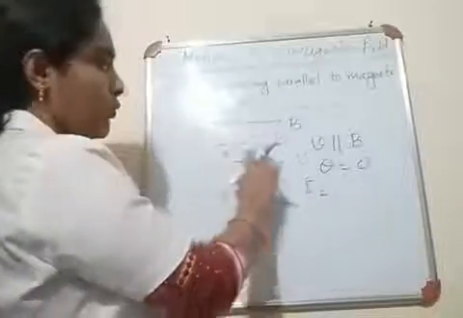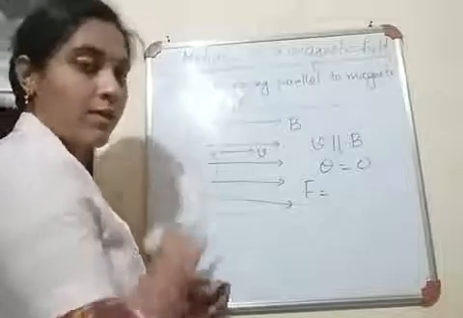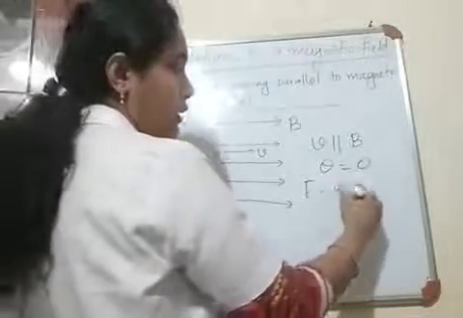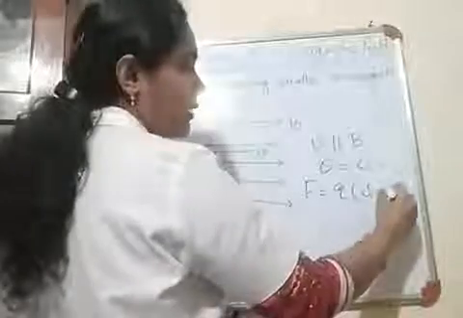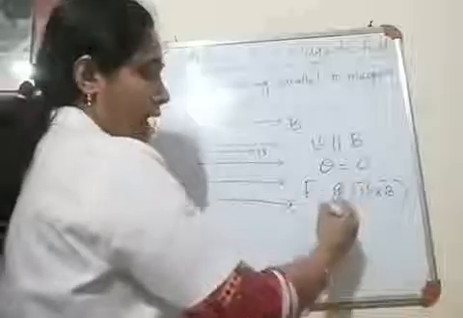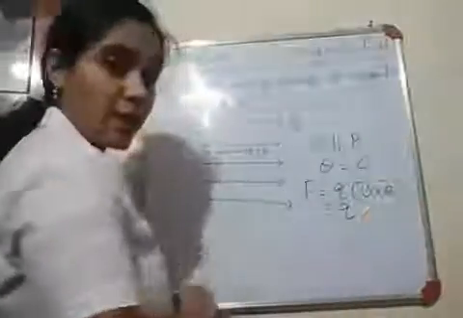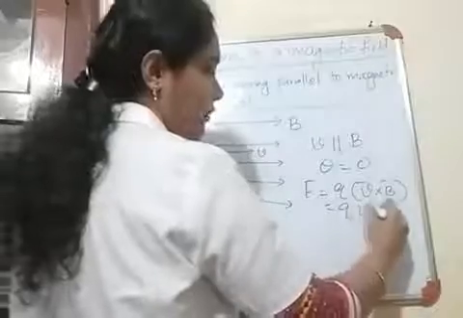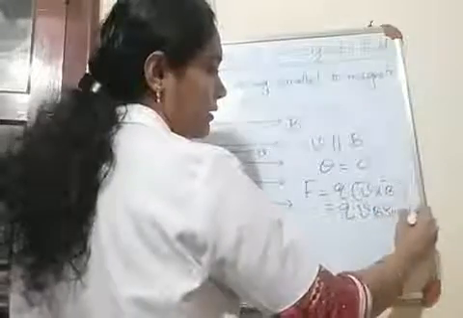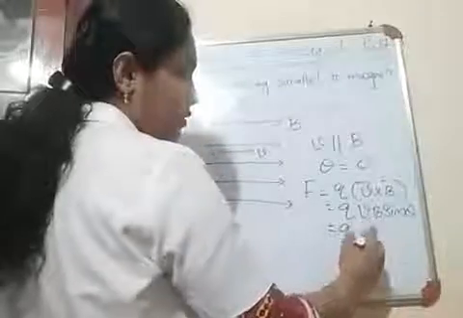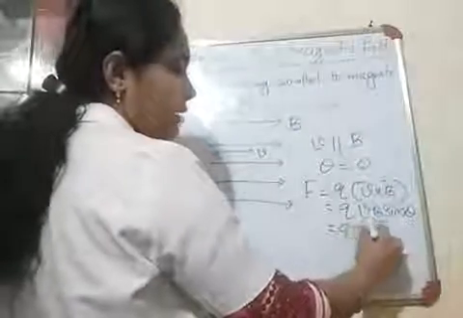Here we have Q, V and B, so we can use the first expression, Q into V cross B. This is the expression for magnetic force. And what is V cross B? V cross B is VB sin theta. So F equal to Q into VB sin theta.